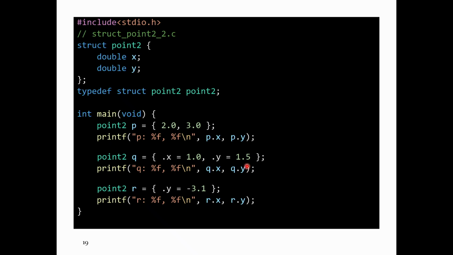If you want to, you can reverse the order of them, so the order doesn't have to be the same. And if you don't initialize one of the members, then the member gets initialized to 0. So r sets r.y to minus 3.1, and r.x is not explicitly initialized, so it gets the value of 0. So if I run this, I should get 2, 3, 1, 1.5, and 0, minus 3.1.